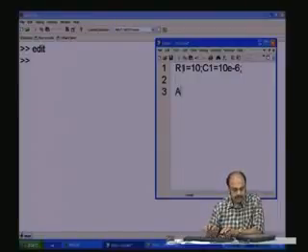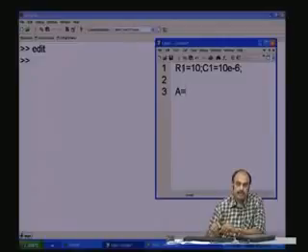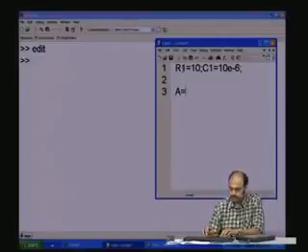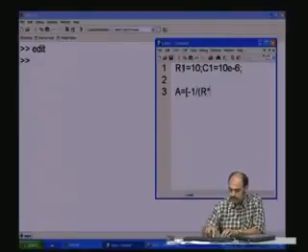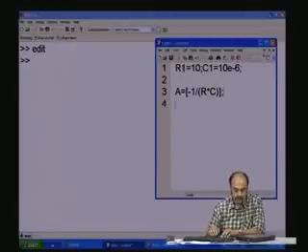Now, the A matrix is given by minus 1 by R into C. We saw this in the earlier session also.